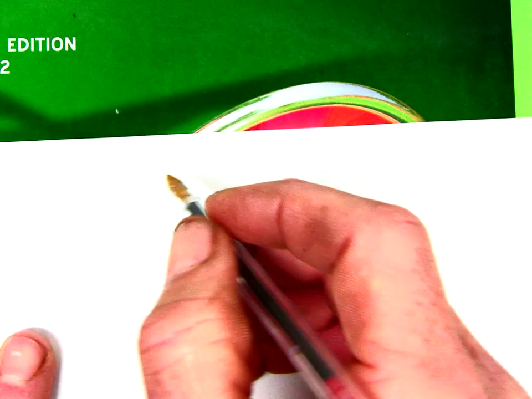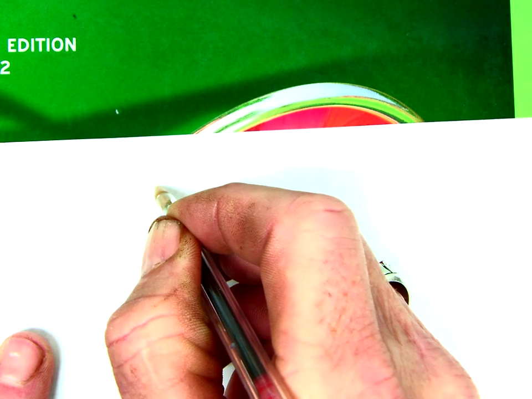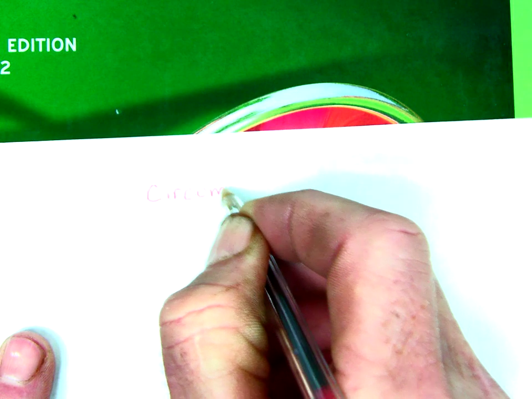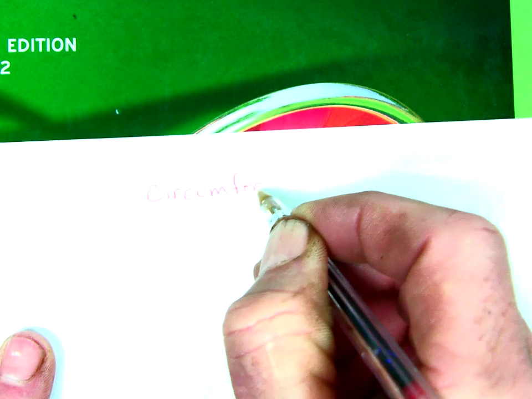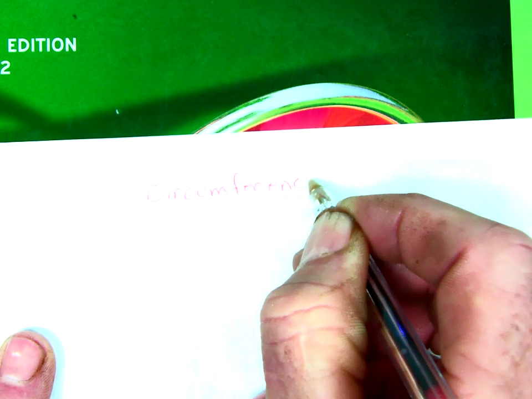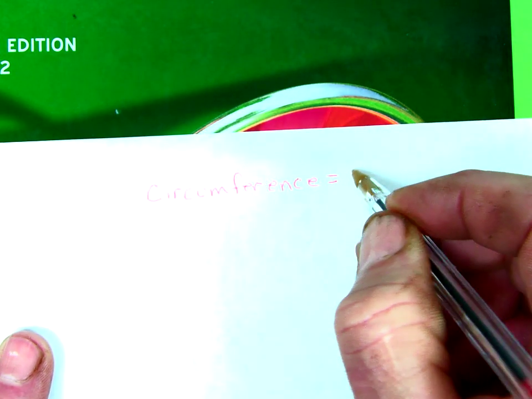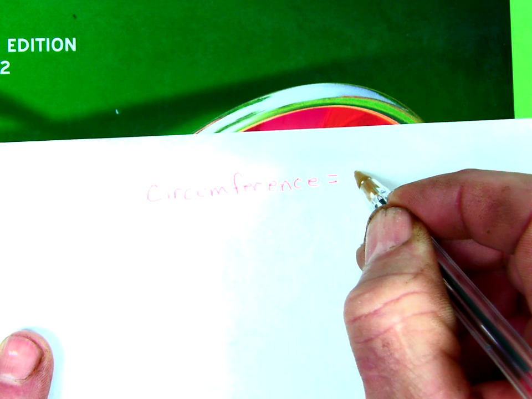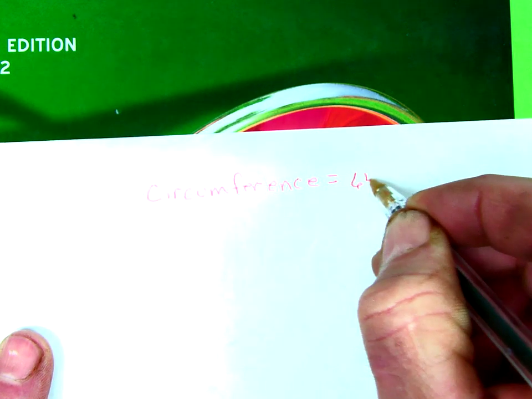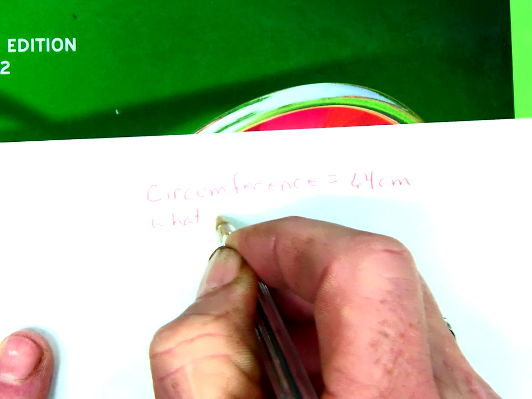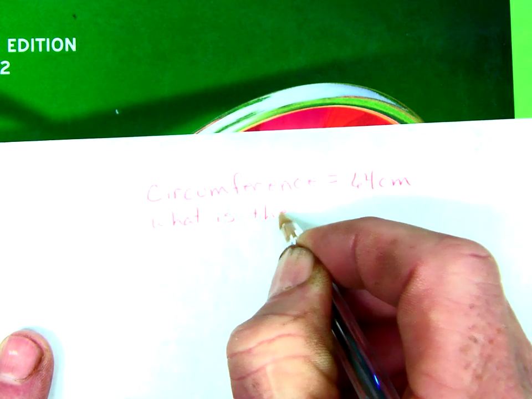Okay. For some of your exercises, it says that the circumference equals, I don't know, I'll just make something up here, 64 centimeters. What is the area?